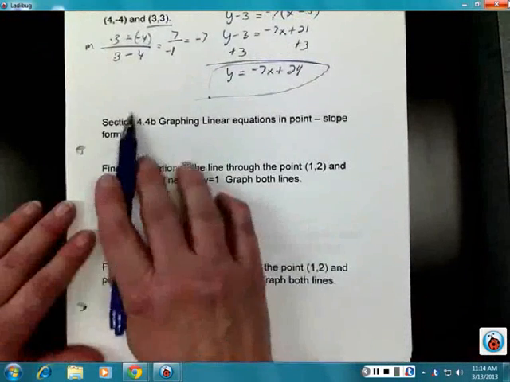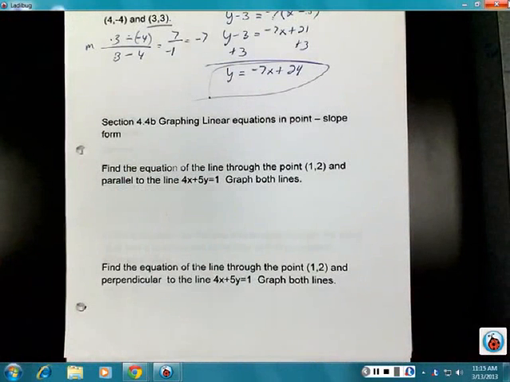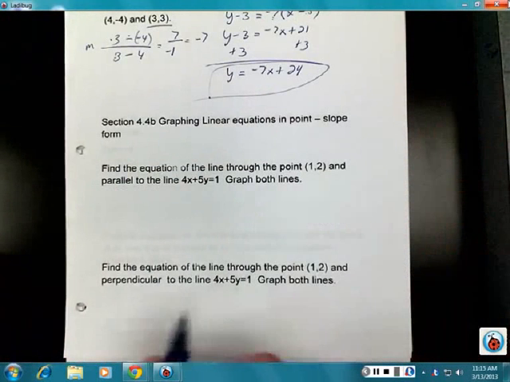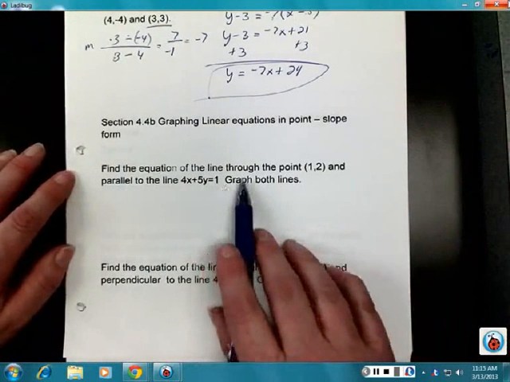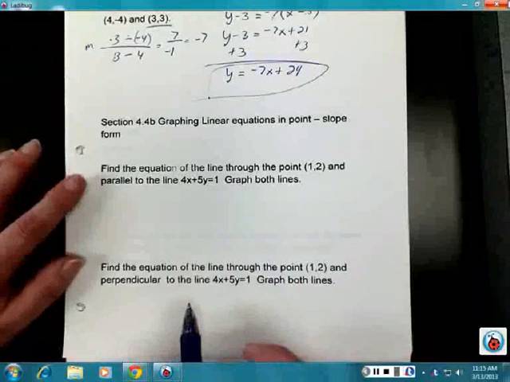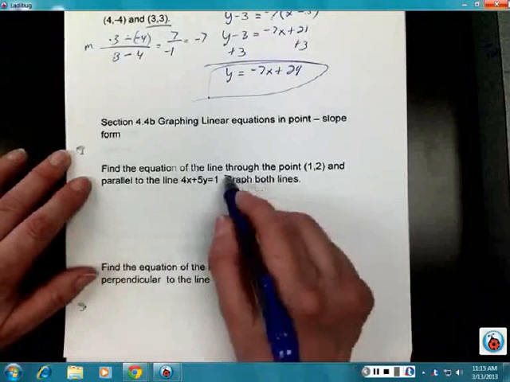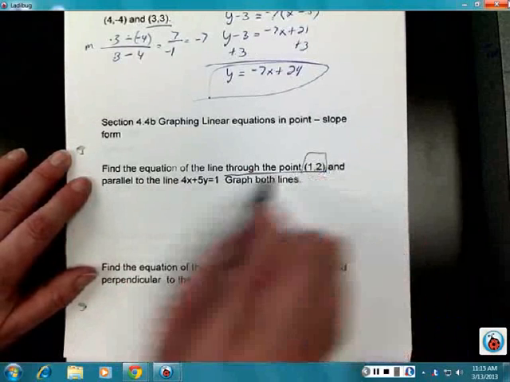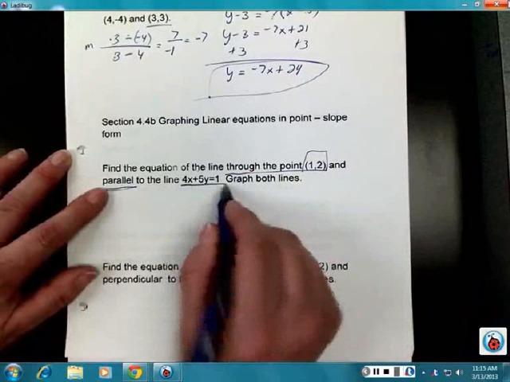So in 4.4b, graphing linear lines, these are the same type of equations you're going to be given as parts in your Hawks. These are the exact written words that Hawks has. So the first one says find the equation of the line through this point and is parallel to this line.